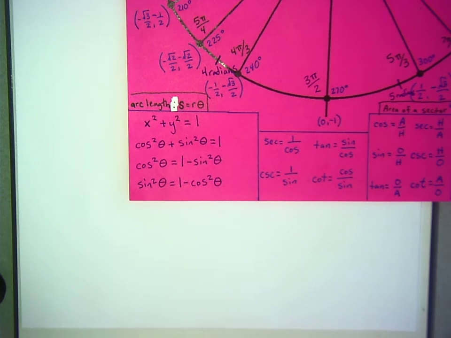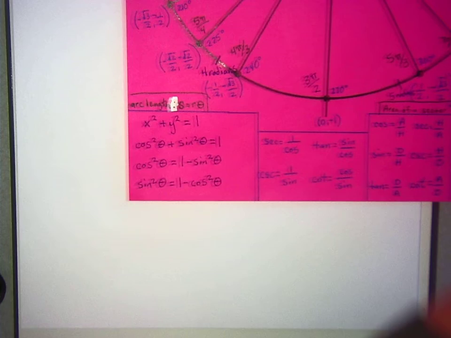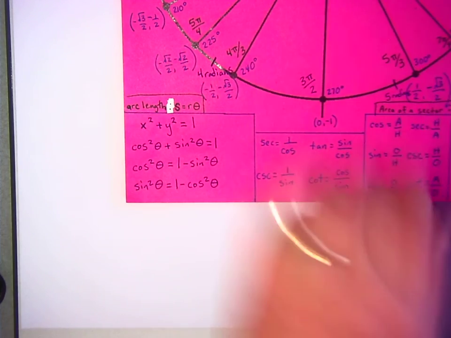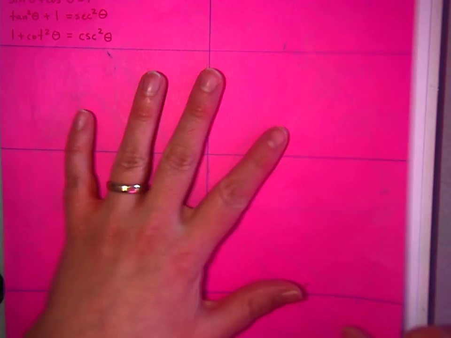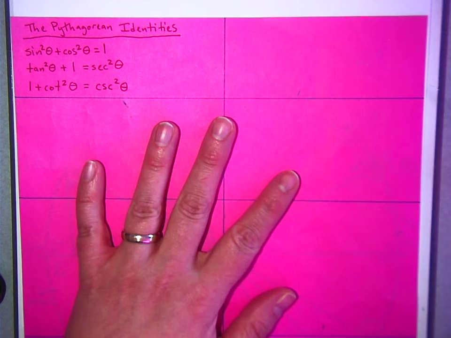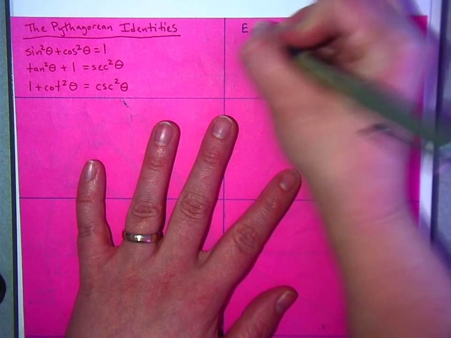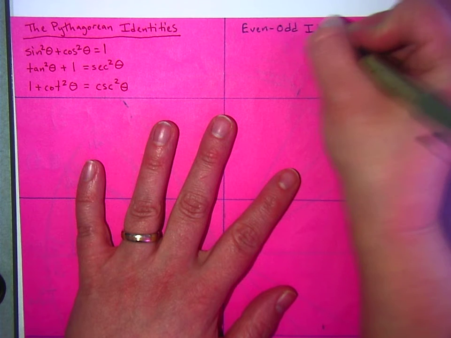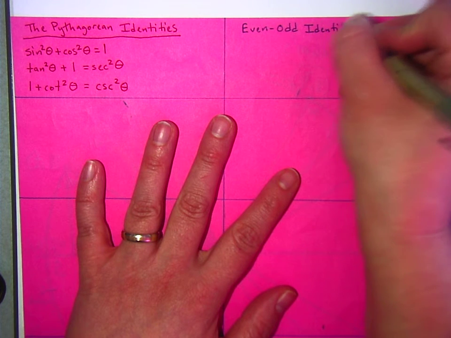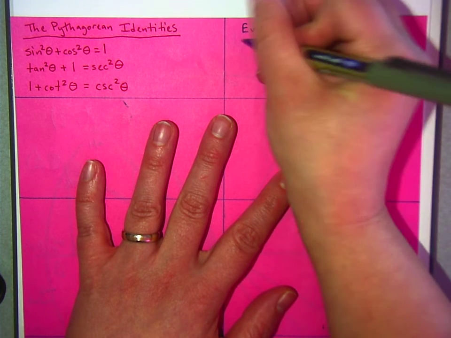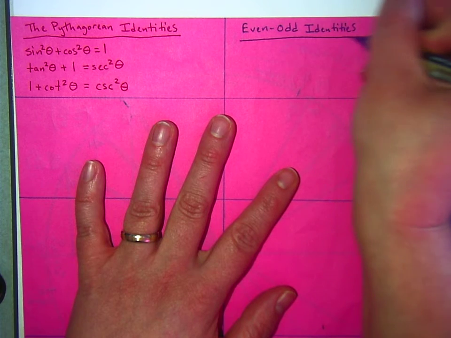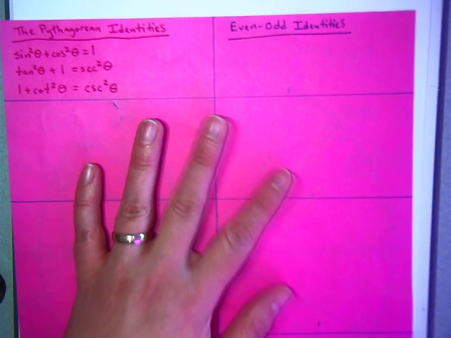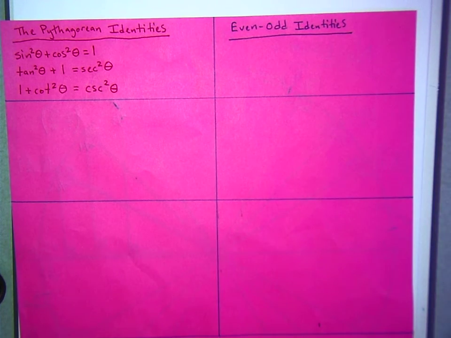Okay? All right, now this one is going to be a little harder to understand, but we're still going to go through it. These are called the even odd identities, and we're putting them up here. I'm trying to put all of these rules on one sheet so that you have something to reference pretty easily while you're doing your proofs.